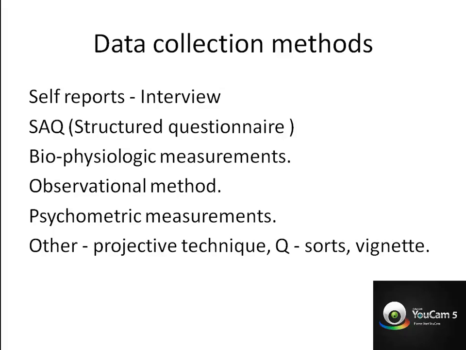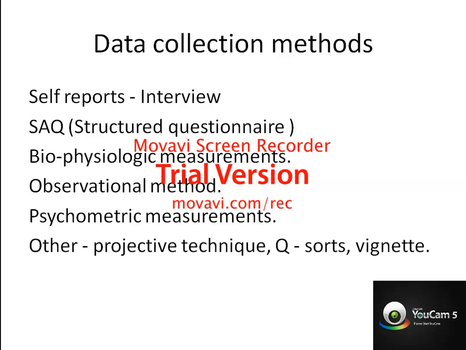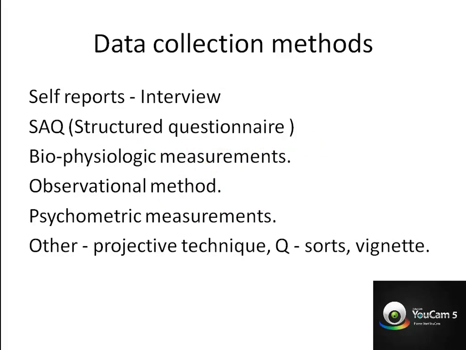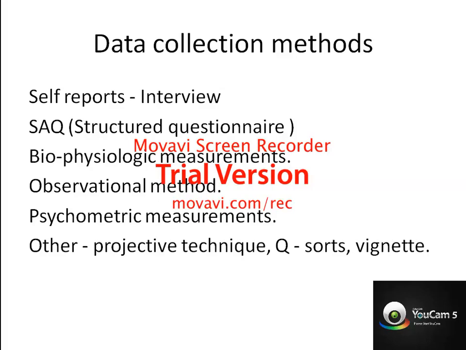Data collection methods are very vast, as we were discussing. Self reports, that is survey methods, mostly comprise interviews and questionnaires. There are self administered questionnaires, that's why we say it is self report. The person can himself participate in the research by putting right answers in the questionnaire.